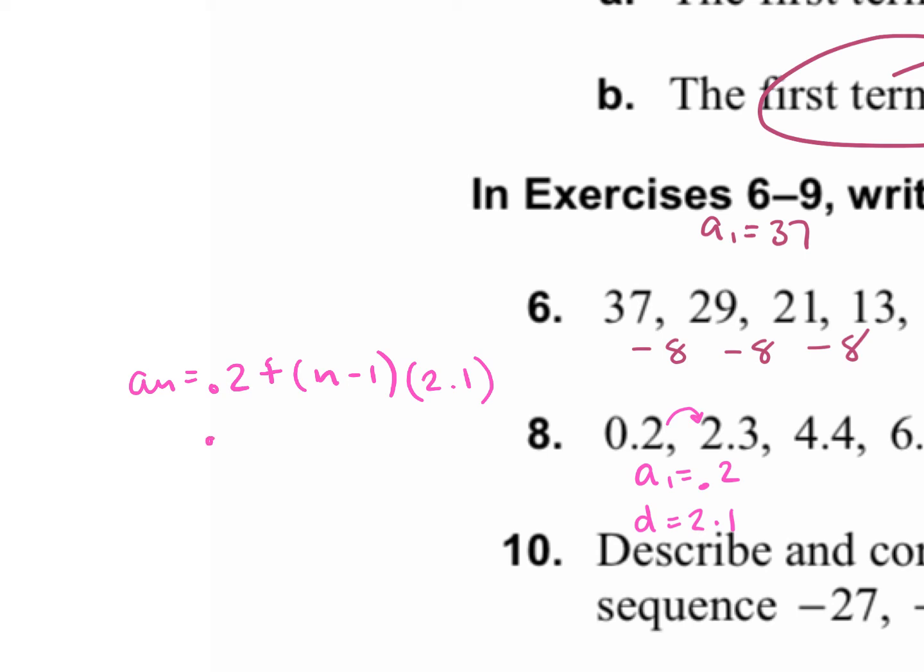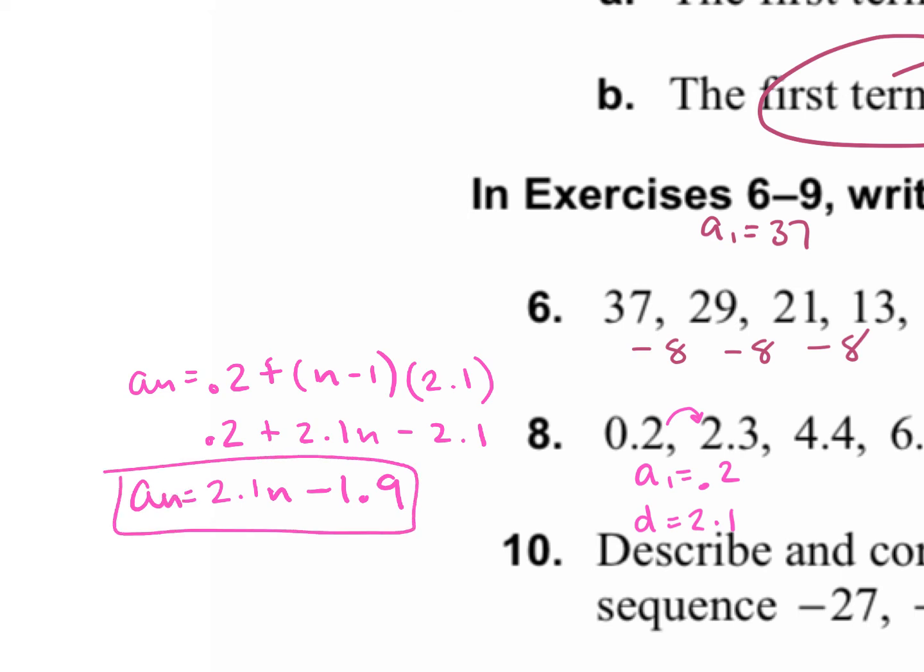Distribute. 0.2 plus 2.1n minus 2.1. So 2.1n, and 0.2 minus 2.1 is negative 1.9. So this is our rule. And how do we find the 20th term?